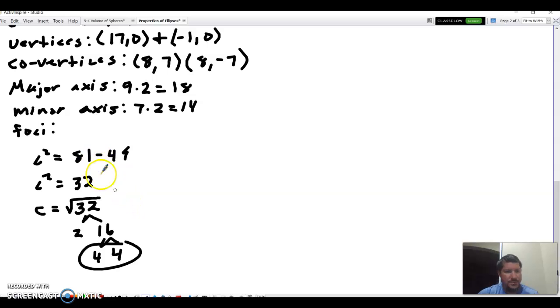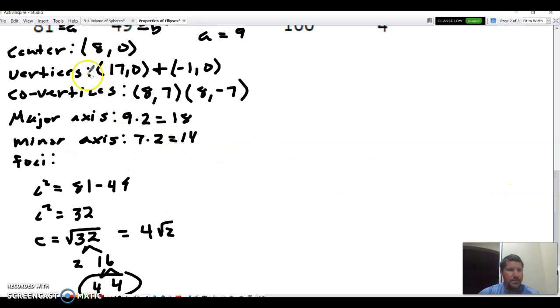Alright, so this is really 4 times the square root of 2. So my foci are on the major axis, so that's going to be 8 plus 4 square root of 2, 0. And 8 minus 4 square root of 2, 0.